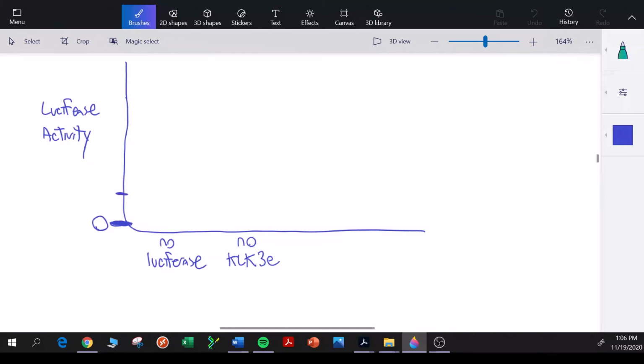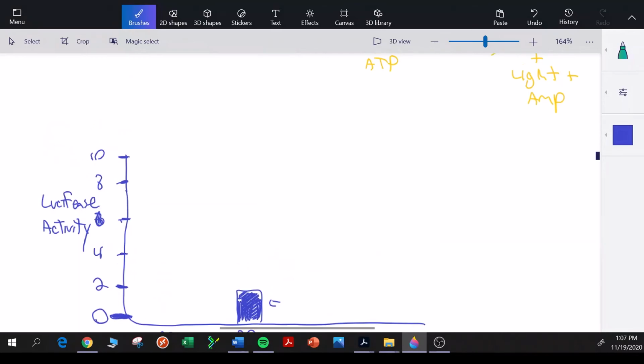So that one, we're going to have a sort of basal level of luciferase activity. And these levels here are all going to be relative. It might be a log 2 scale. That's not really important. What's important is the height of these bars. So the taller the bars, the more luciferase activity we have.